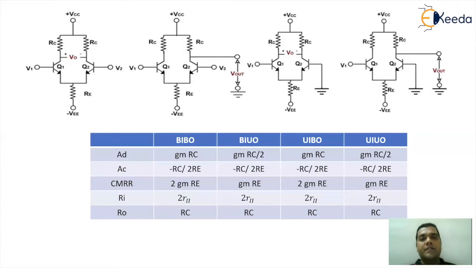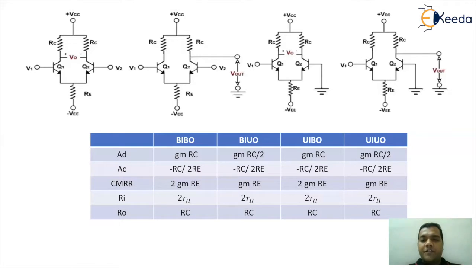And output resistance RO is going to be equal to RC. The last case is unbalanced input, unbalanced output. The differential gain is again gm RC by 2. Common mode gain is minus RC by 2RE. So CMRR will become gm RE. Input resistance is twice r pi and output resistance is RC.